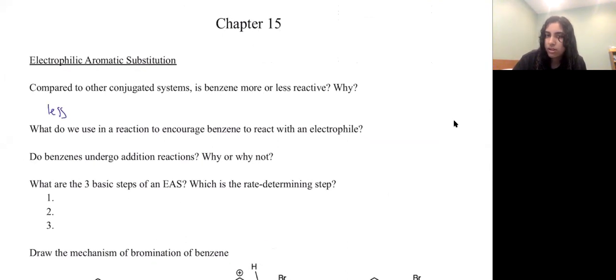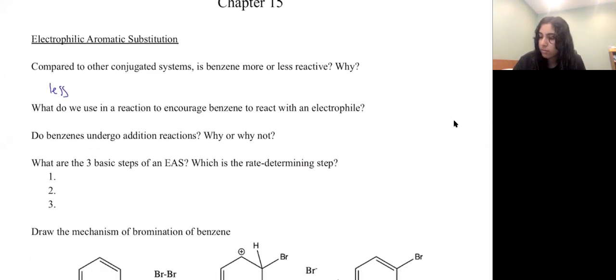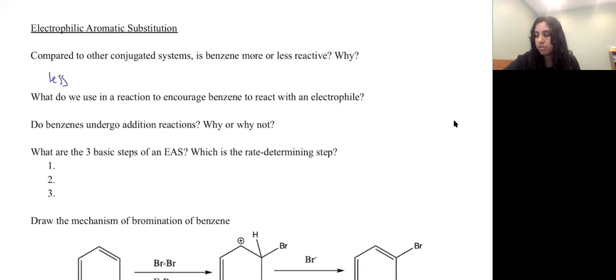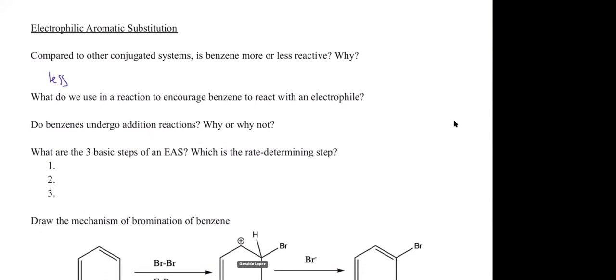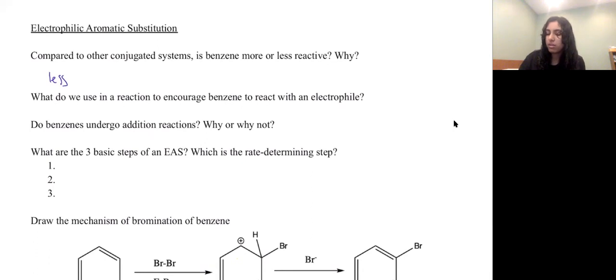The more stable it is, the less it wants to react and disrupt its stability. So what do we have to use to encourage a reaction? A catalyst. Yes, a Lewis acid catalyst, which makes the electrophile super electrophilic, strong enough that it attacks the benzene.